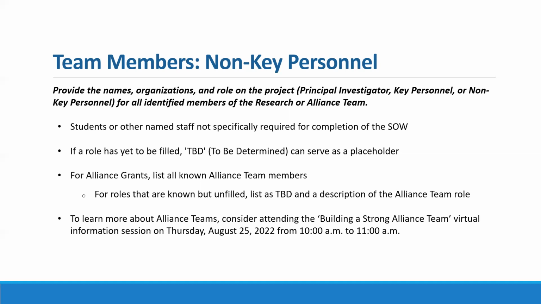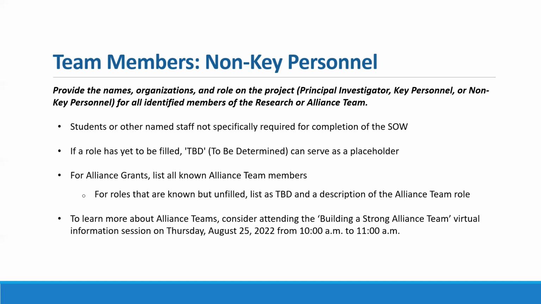For example, we often see these in cases like undergraduate researchers, field labor, lab assistants, roles like that, where their role can absolutely be essential to fulfilling the scope of work, but the exact individual is not required. For a lab assistant, it doesn't necessarily need to be any specific one.